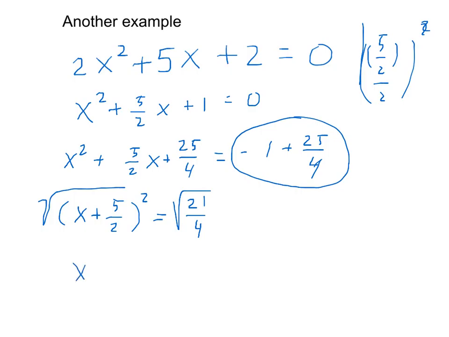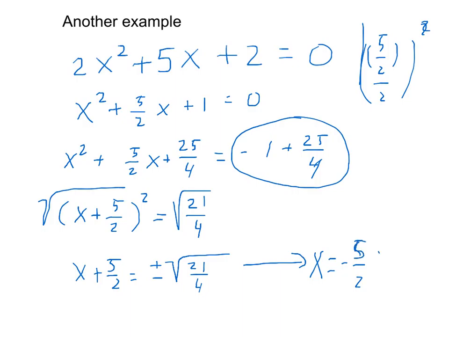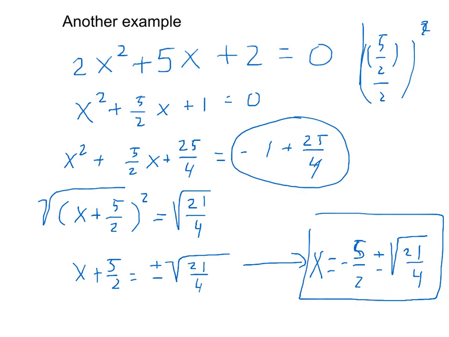And we get x plus 5/2 equals plus or minus the square root of 21 over 4. And this leads to our final answer, where we have x equals negative 5/2 plus or minus the square root of 21/4. Again, it's following the same pattern of this plus or minus a square root.